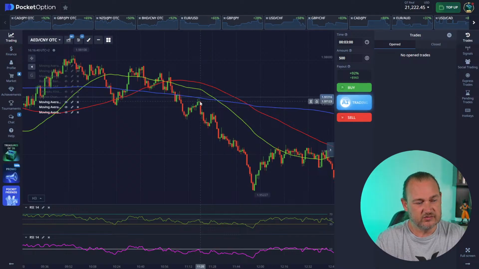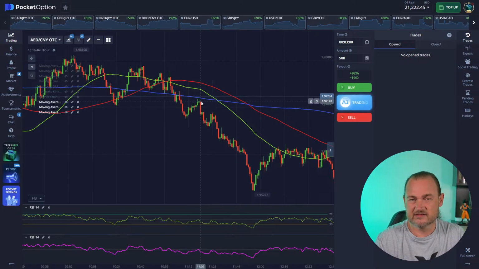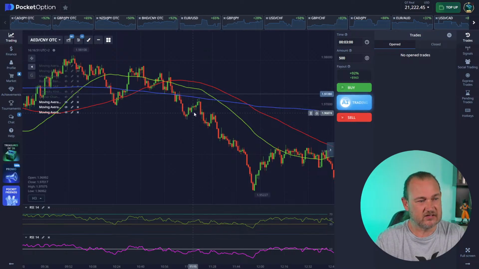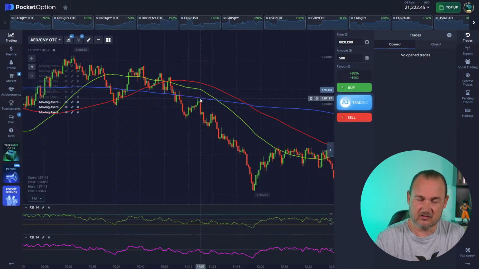As soon as both of them rejected at the same time, this is where I started taking sell trades. If we took a 3-minute or 5-minute sell on this candle here, this red one would have been the candle that rejected from both the moving average and the RSI 50 line at the same time.